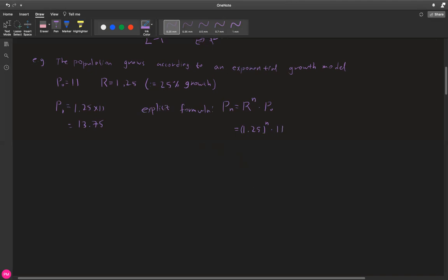Now if you want to find, let's say, the population after the 7th generation, you find 1.25 to the power of 7 multiplied by 11. And in this case, it's 52,452.